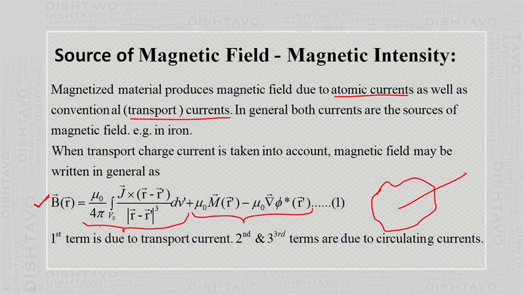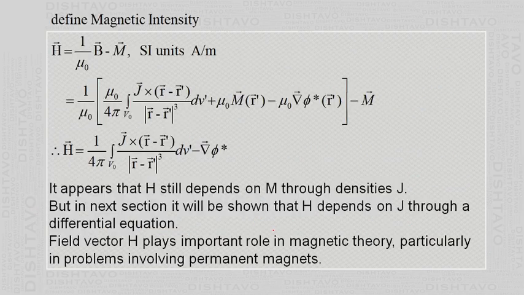The first term is due to the transport current. Normally, for example in a solenoid, it is because of the current in the solenoid. Then the second and third terms are due to the circulating current in the magnetic material. So this expression we take. Then we now define what is called the magnetic intensity.